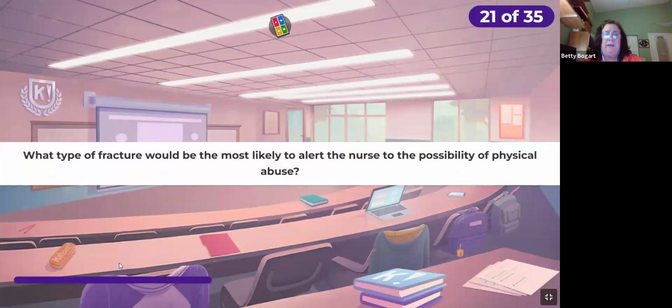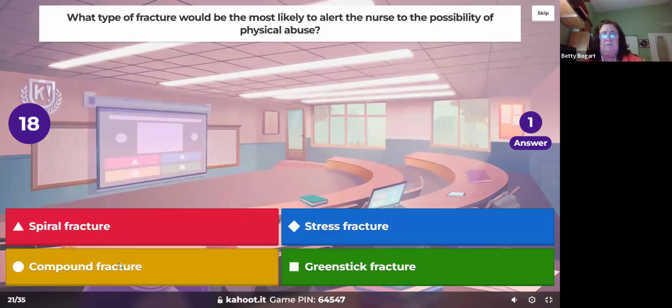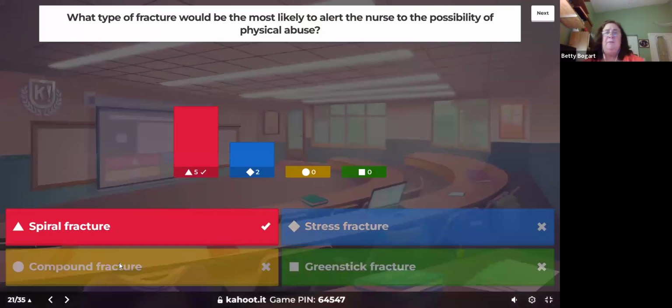What type of fracture would be the most likely to alert the nurse to the possibility of physical abuse? Remember, it's the spiral one where they take the hand and they turn it quick and pull it.